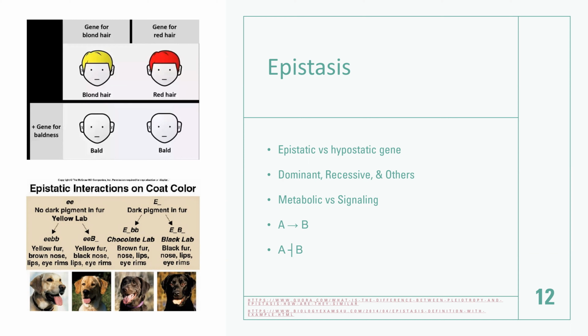And there are different ratios when we get to the dihybrid crosses that you will see show up in certain types of epistasis. So with dominant epistasis, you'll get a ratio of 12 to 3 to 1.